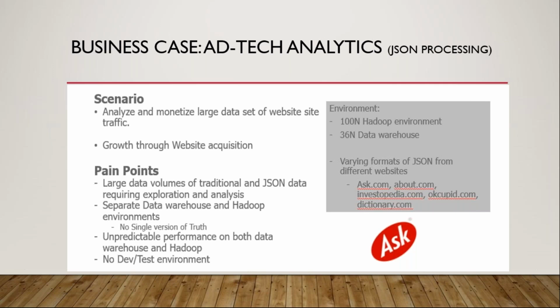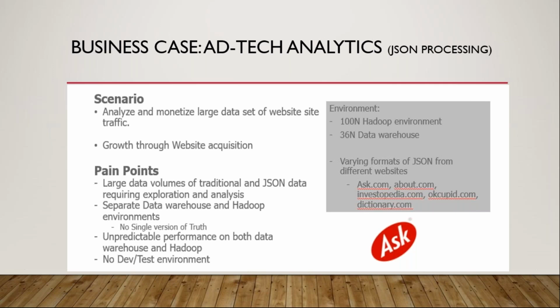So they had a challenge: they were not able to process a huge amount of JSON data and put it in a centralized place for their analysis, get meaningful insights, and do prediction, etc. They did not have any particular development or test environment, and the performance when accessing and analyzing data was really a challenge.